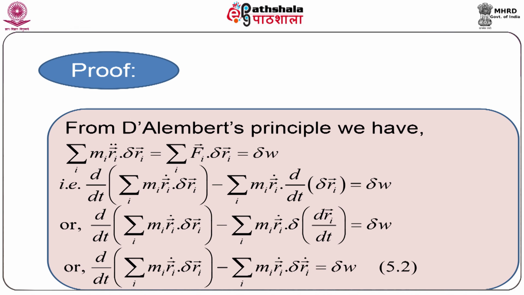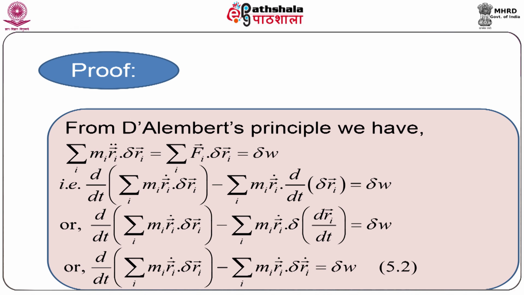In the next line, the first term has been written as it is. In the second term, we have interchanged the delta operation and ddt operation and get the second term of the third line. Now, ddt of ri vector can be written as ri vector dot. Using this, we get equation 5.2.